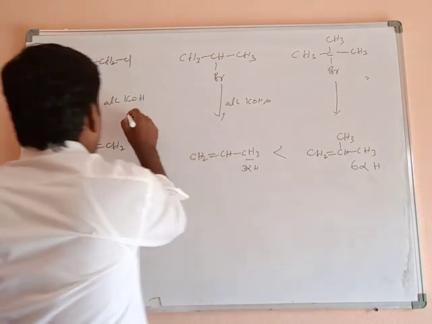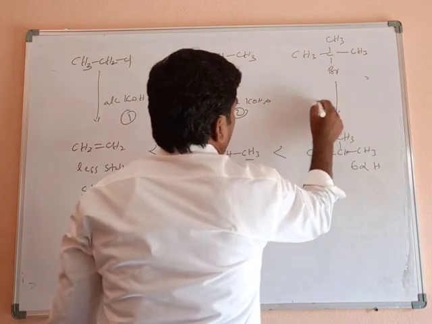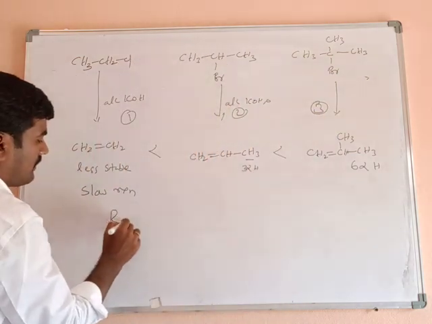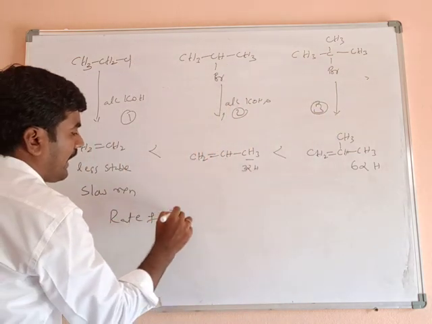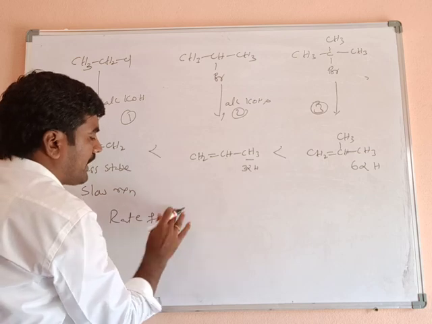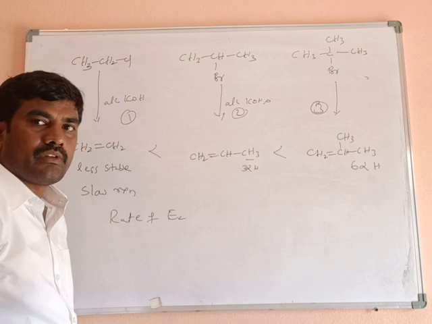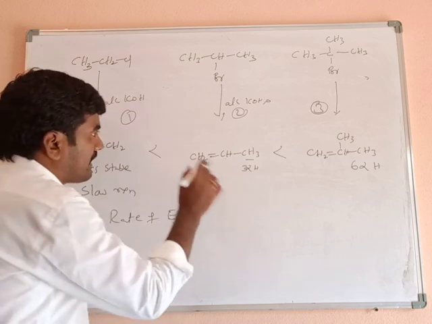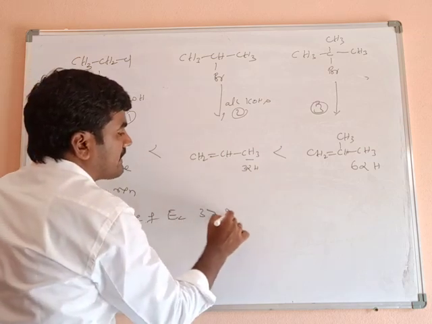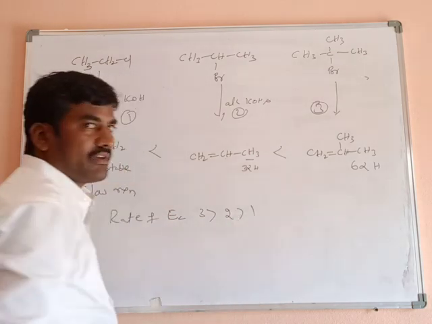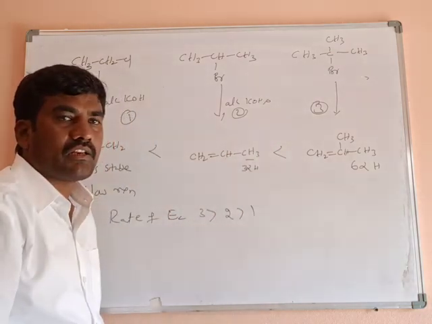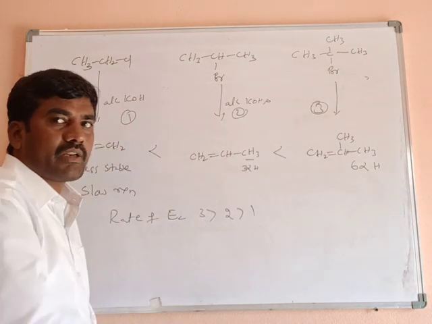For example, I am writing 1, 2, 3. The rate of dehydrohalogenation, which means the rate of E2 elimination, a bimolecular reaction: the third one is greater than the second one, which is greater than the first one. What is the third one? Tertiary alkyl. What is the second one? Secondary alkyl. And the first is primary alkyl.